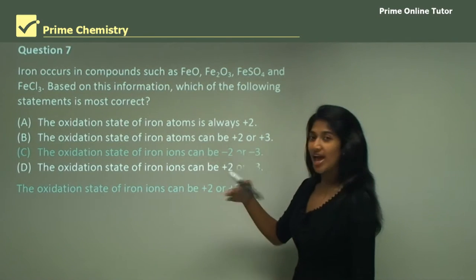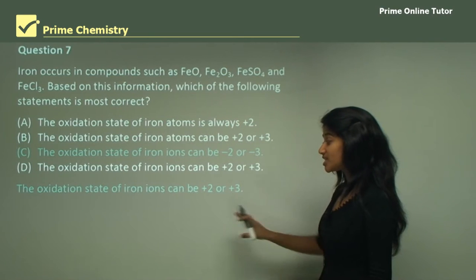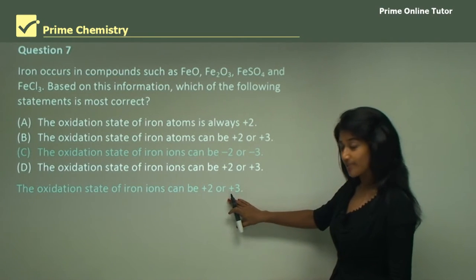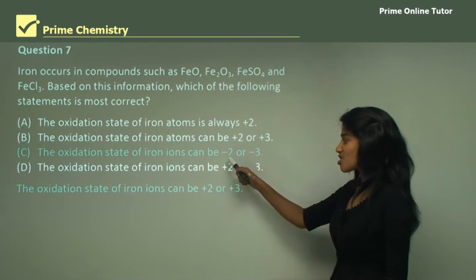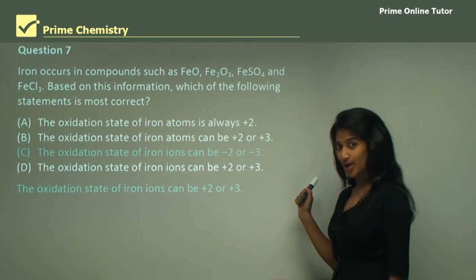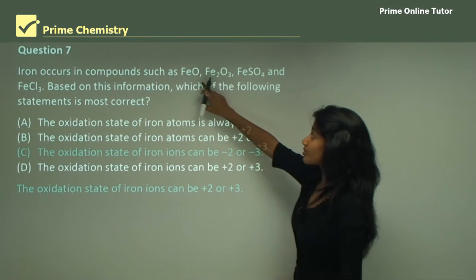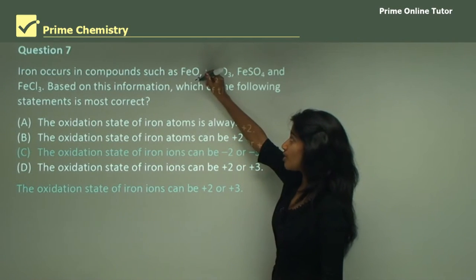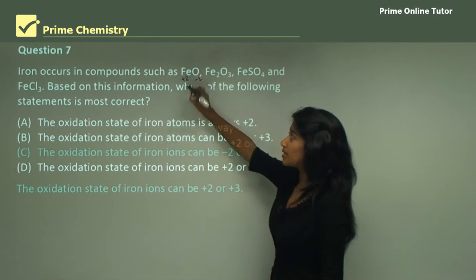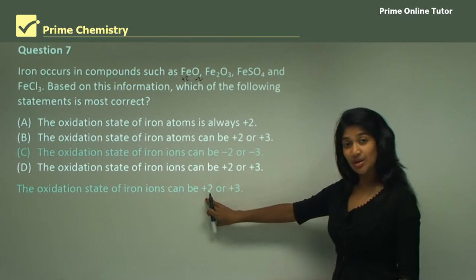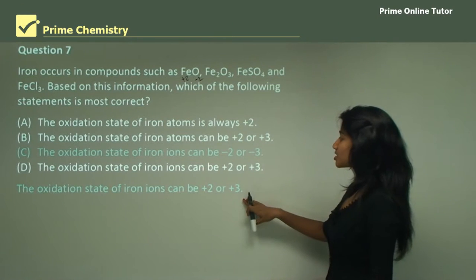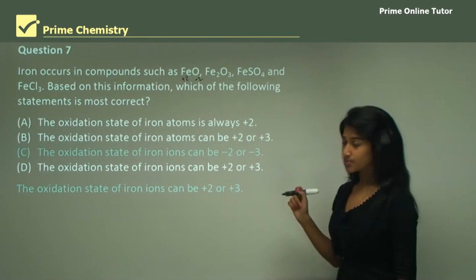Iron is a metal and it has a positive oxidation state. So it can be +2 or +3, but it cannot be -2 or -3. As you can see here, oxygen has -2, therefore this has to have +2. So from there you can work out that it's either +2 or it can be +3 in this case.